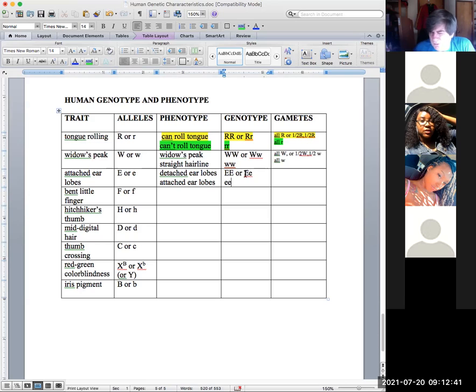For instance, if you have detached earlobes, but your mother had attached earlobes, that means your mother was little e. So we know that you had to inherit a little e from your mother. So in that case, we can predict what you look like.